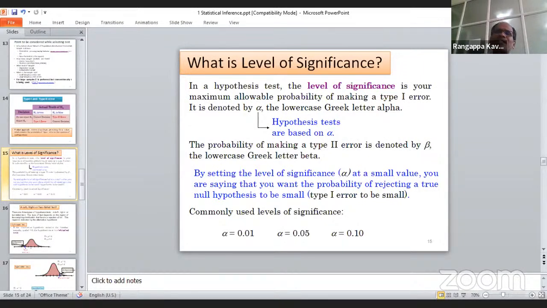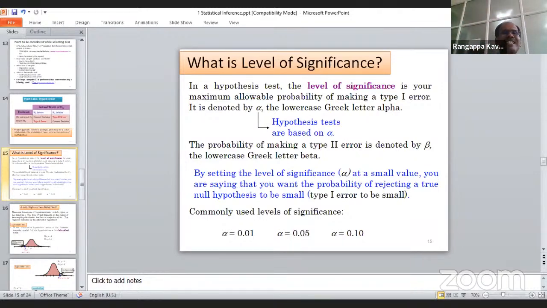Most mature scholars used to ask, what is your alpha level? Alpha level is the significance level you have mentioned. It is significant at 1% means you are testing your hypothesis at a 1% probability level. That means alpha level is 1%, so there is a 1% chance that you may commit a type 1 error.